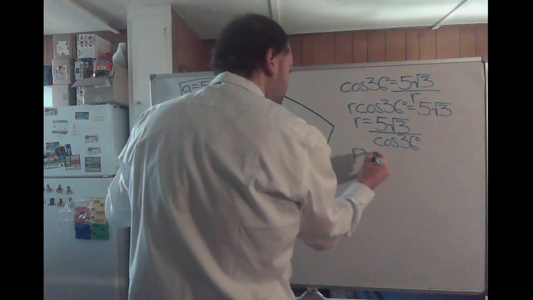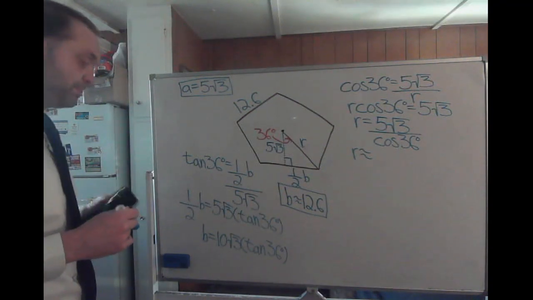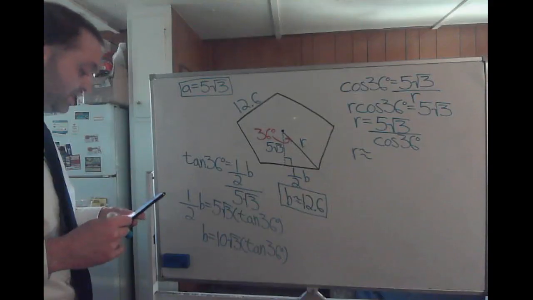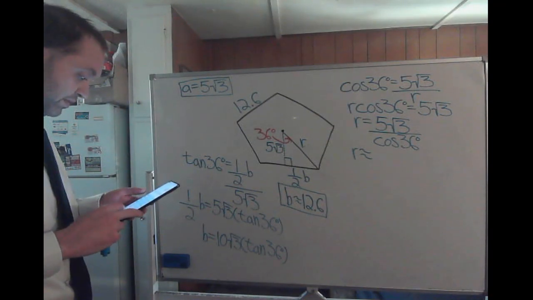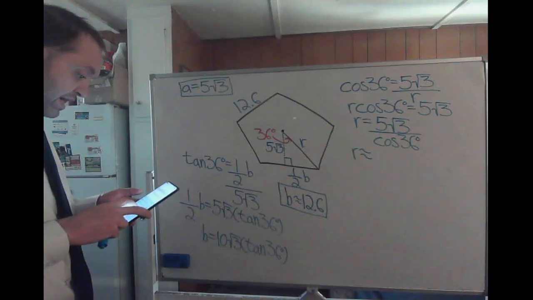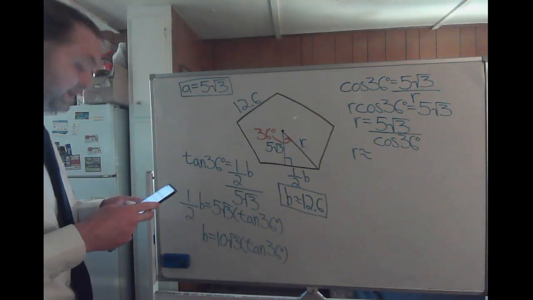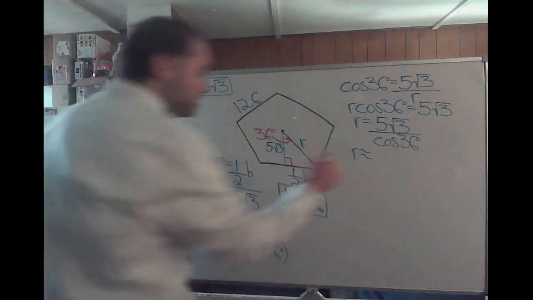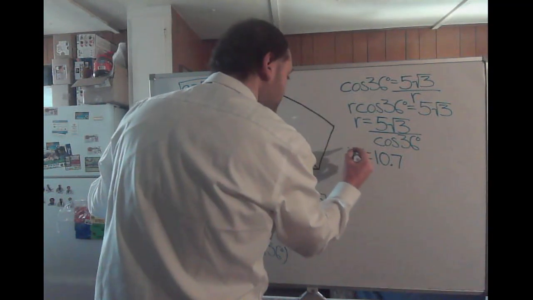Which then we can get an approximation for the radius to 1 decimal place. So let's go ahead and do just that here. 5 times the square root of 3, take that divided by the cosine of 36 degrees, you get about 10.7. So the radius is about 10.7.